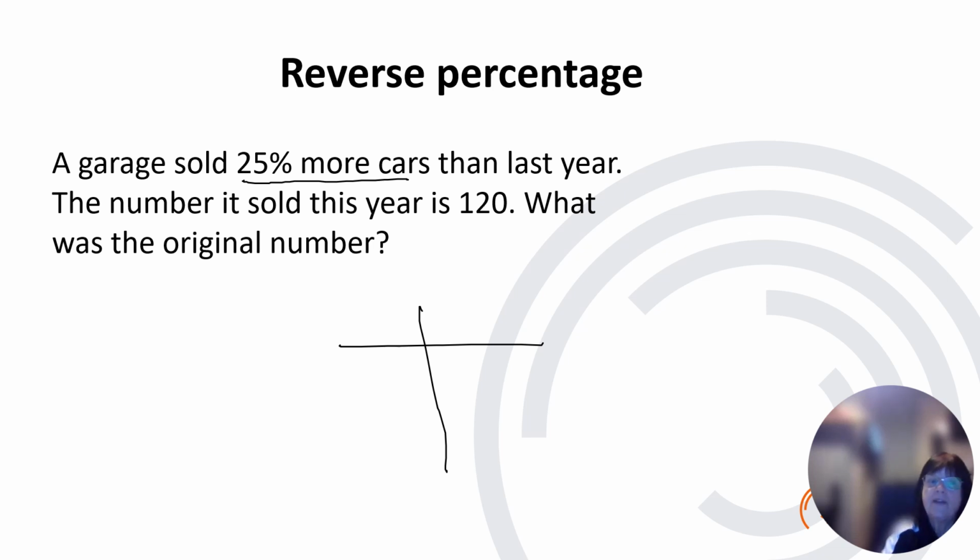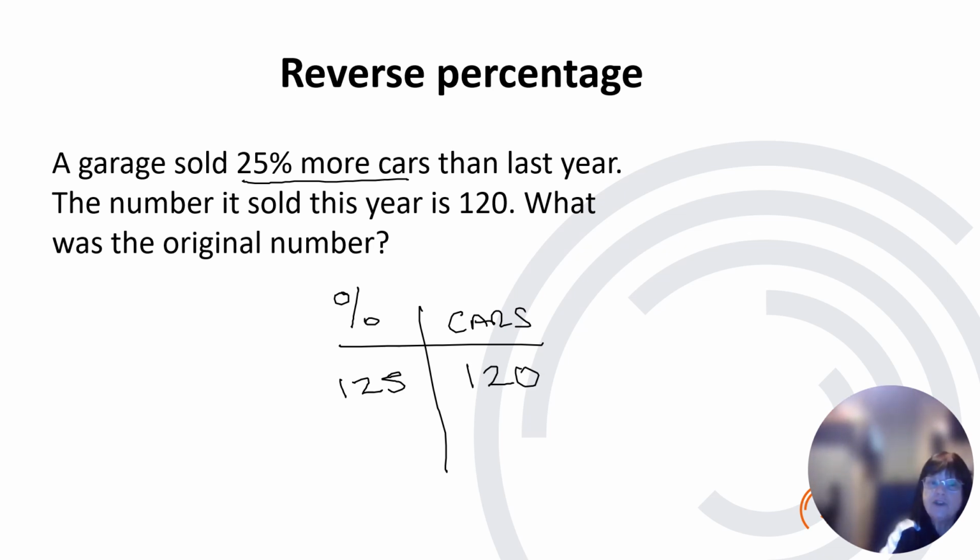Okay, that's this year they sold that. So what did they sell last year? Okay, so what we've got is percentages and cars, and what we know is 125%, okay, because that's 25% more, was 120.